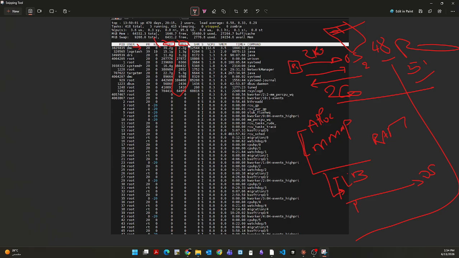Actually, there is something you need to know also: the resident memory includes something called shared memory or shared libraries. Let's say your application is using glibc, and this library is going to be loaded from the disk. Let's say it takes, I really don't know how much, but let's say 50 meg, maybe more.